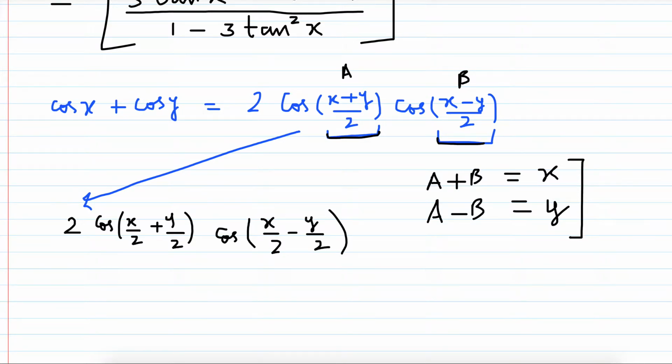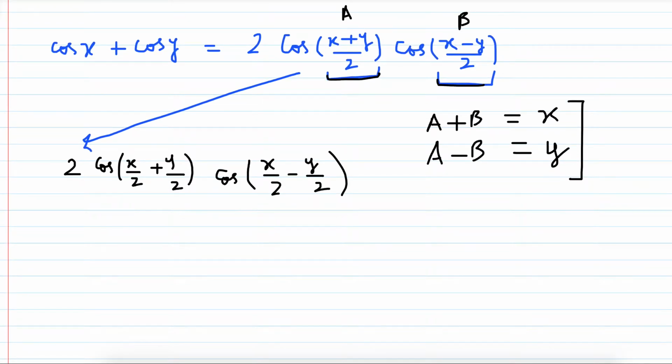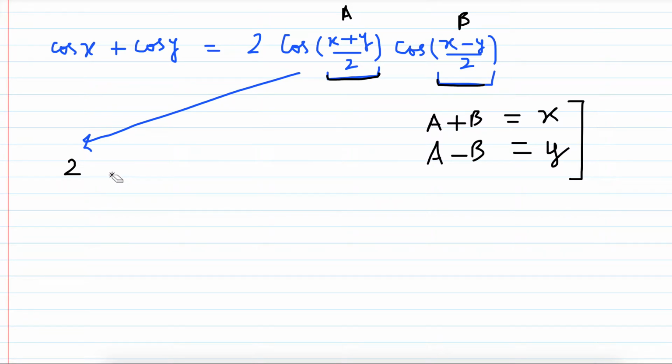So we can use these two facts and we can get the result very quickly using this. So x we can write as a plus b, where a is x plus y by 2. So a is equal to x plus y by 2 and b is equal to x minus y by 2.